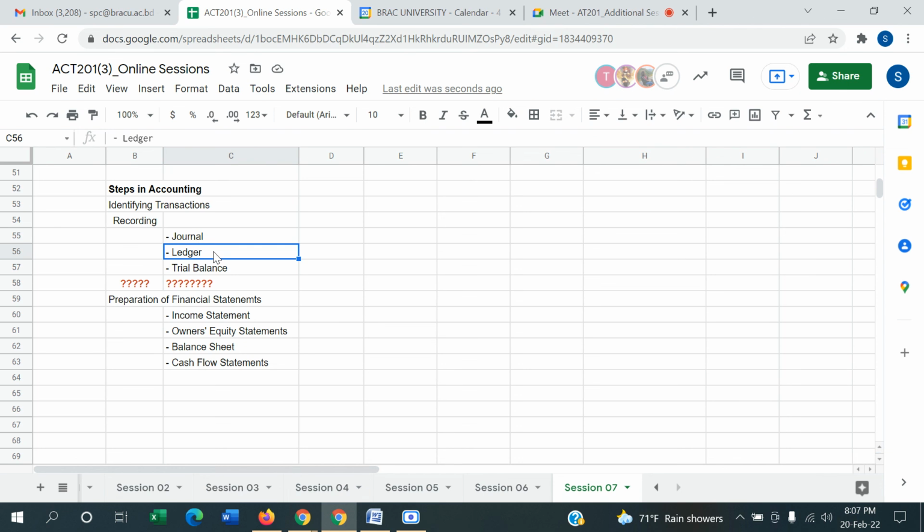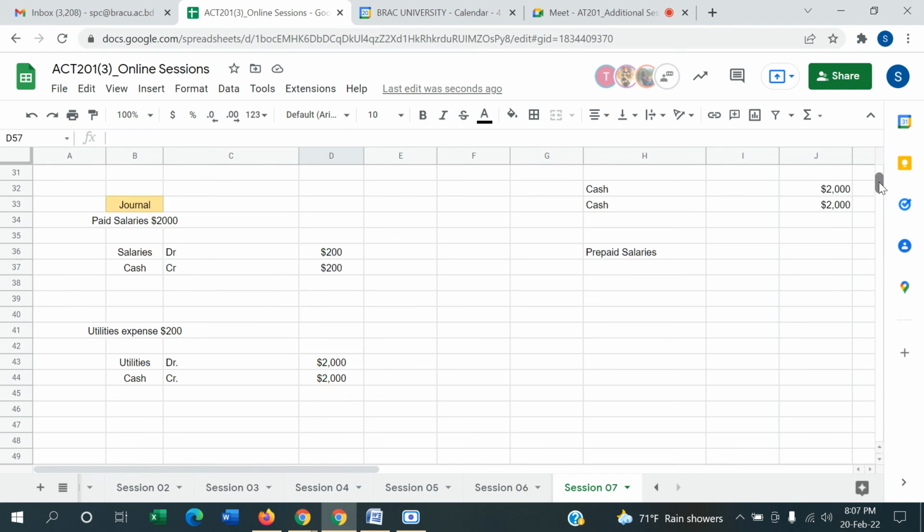Then from the journals, for each of the accounts, we will create a separate account in the ledger, and after preparing the ledger, we'll find out the balances, and those balances will be transferred to the trial balance to see whether there is any arithmetical accuracy or not.